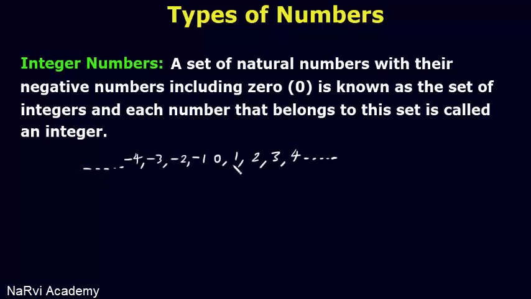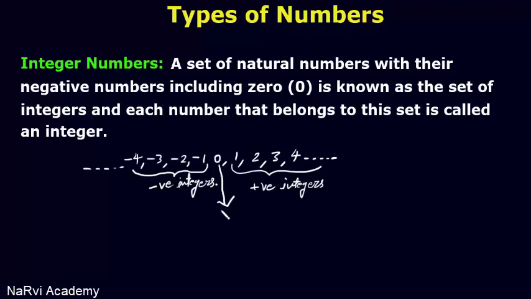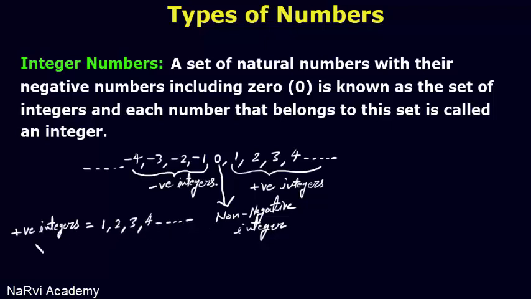Here, these positive numbers are called positive integers and negative numbers are called negative integers. But remember, 0 is neither a positive integer nor a negative integer. It's a non-negative integer. So we can say positive integers are 1, 2, 3, 4, and so on.